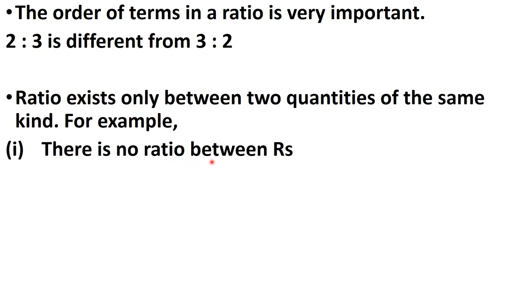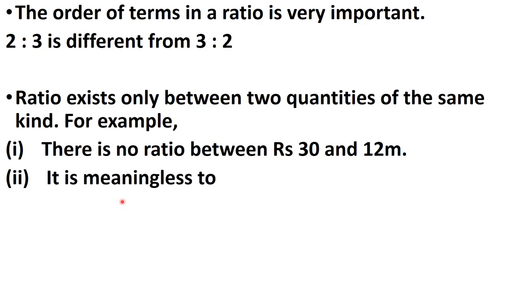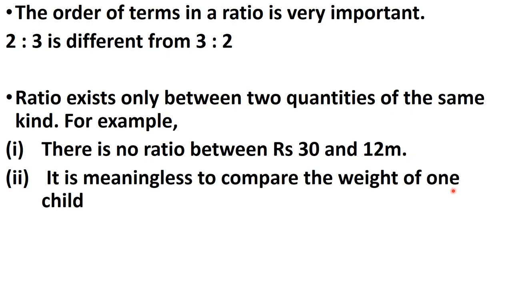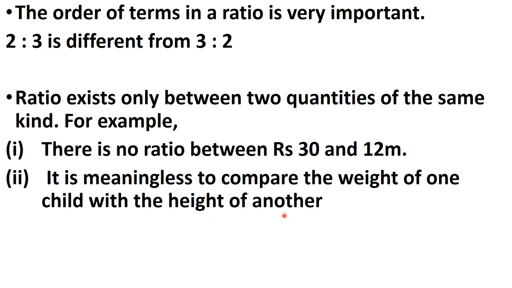There is no ratio between rupees 30 and 12 meter. This is the price, rupees 30, and this is the length, 12 meter. So we can't compare price with length. It is meaningless to compare the weight of one child with the height of another child. This I have told you.